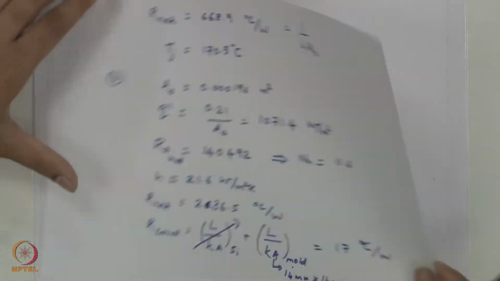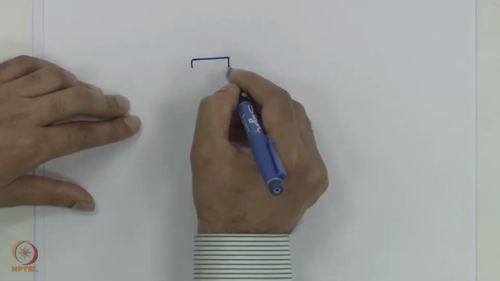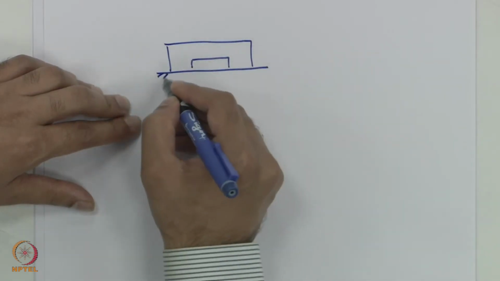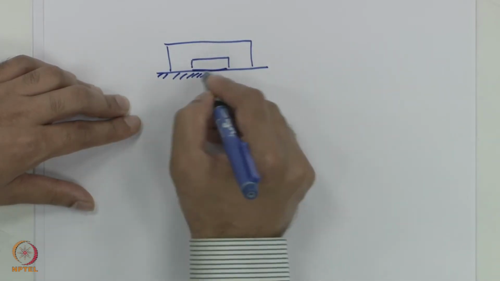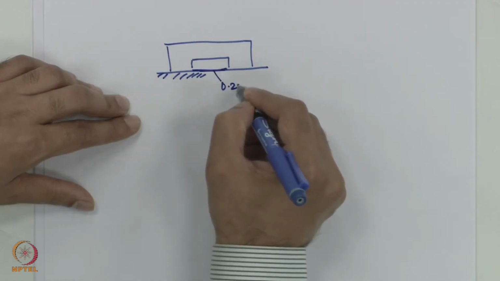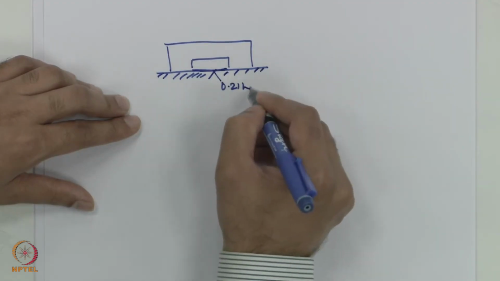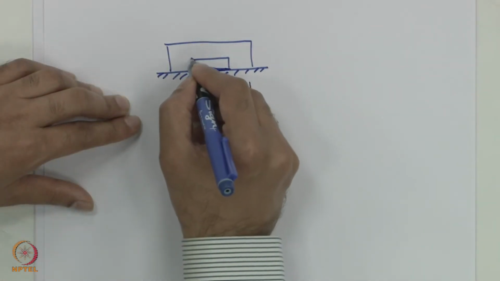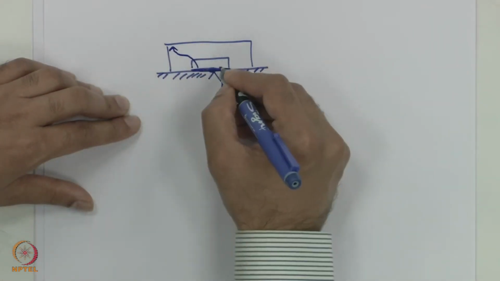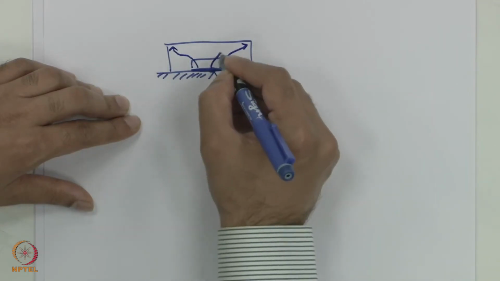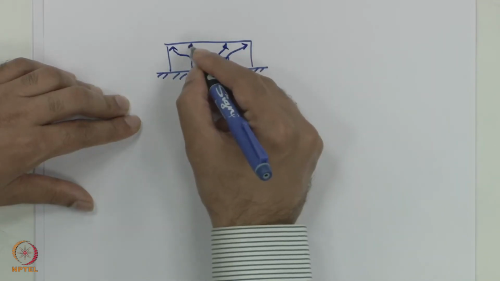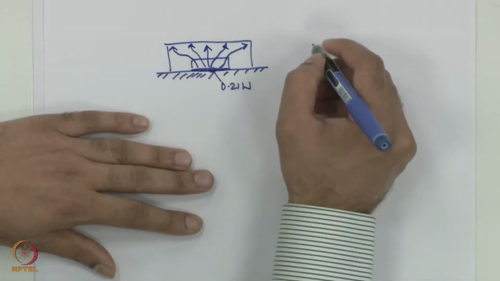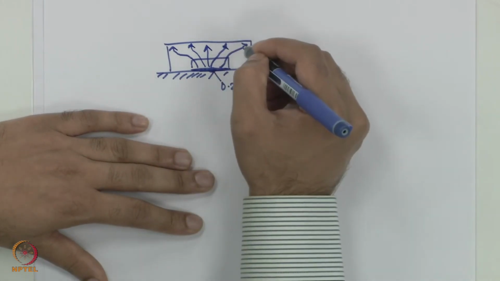But one important thing to notice is that if I draw a cross section of this is my device, assuming it's insulated, and only 0.21 watt is dissipated here from this base. Heat needs to spread to these locations. So, there is a spreading resistance associated with this problem, and that resistance needs to be accounted for.